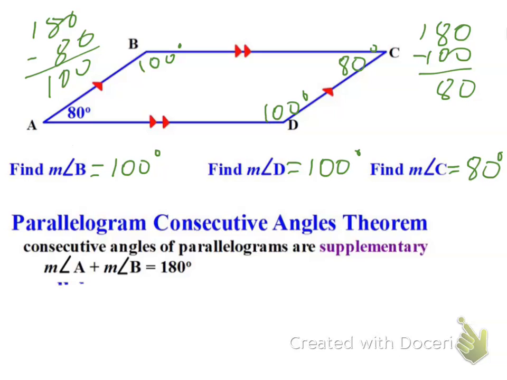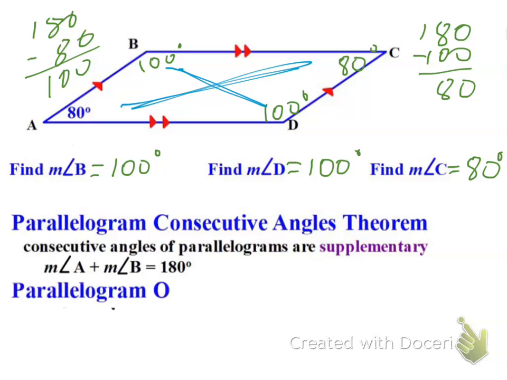Right? Another thing we can talk about: look at that right there. The opposite angles are the same. That's always going to be the case because if angle A is supplementary to angle B because they're consecutive, and angle C is also supplementary to angle B because they're consecutive, then angle A and angle C have to equal the same thing.